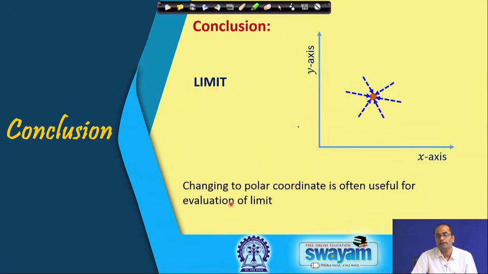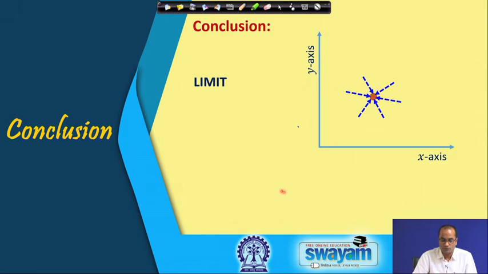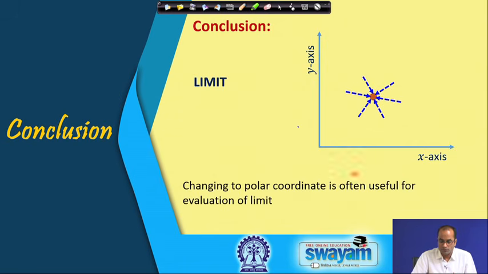If independently of theta we are approaching some number, we can conclude that it is the limit, but if the limit depends on theta, then it is a path dependent limit, and therefore the limit does not exist. We will talk more on these issues, what could be the problem while changing the coordinate system to polar coordinates, and more examples later.